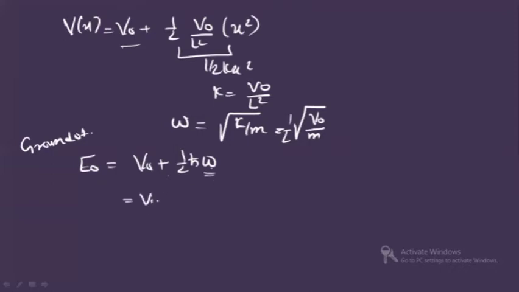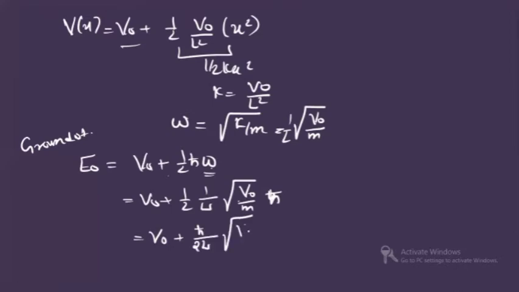In this case, V naught plus half, omega is 1 by L root over V naught by M h cut. Right, this is what we are having. So you can write it as V naught plus h cut by 2L root over V naught by M. This is the ground state energy for the given question.